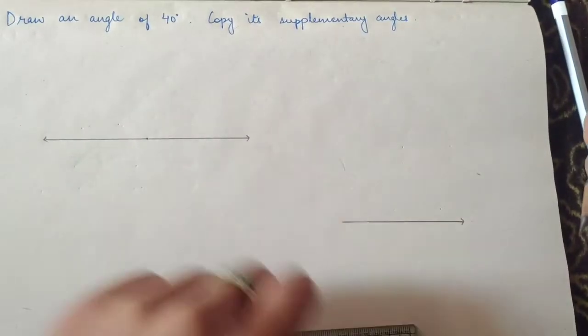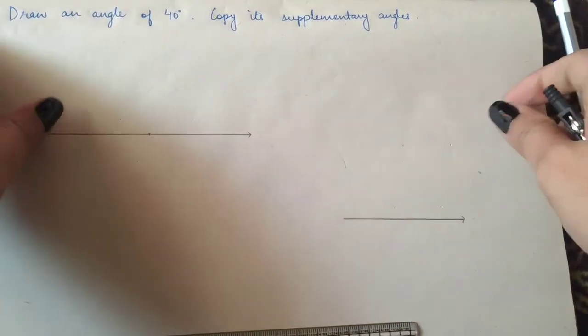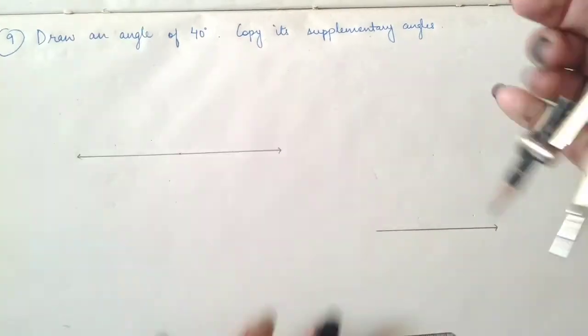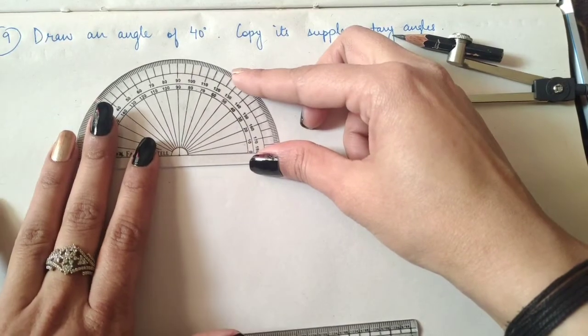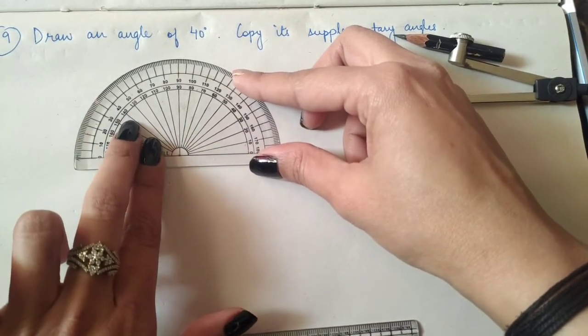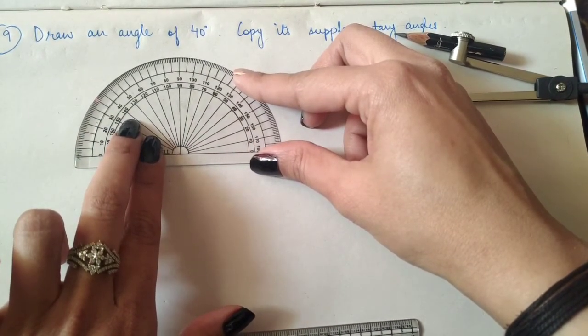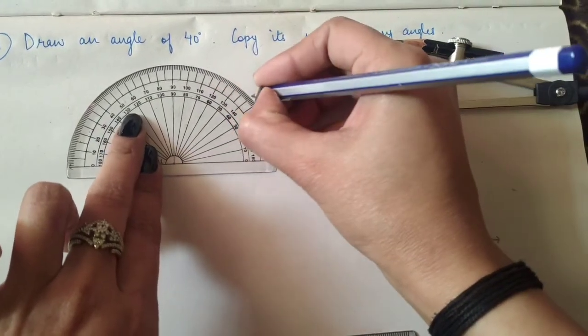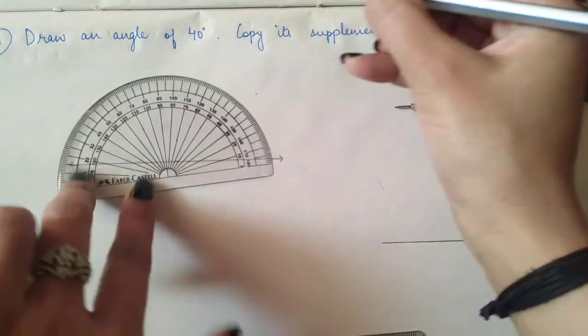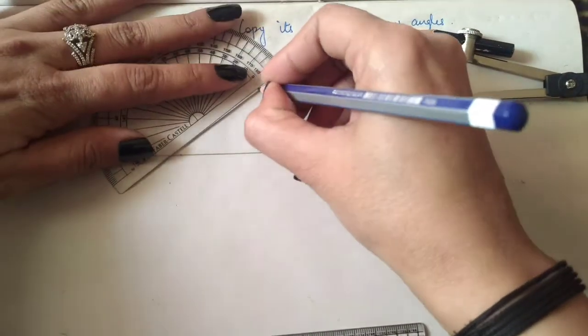Now we'll draw 140 degrees. For that we first have to draw 40 degrees, and only then will we be able to draw its supplementary angle, which is 140. I will look for the inner scale. So that's how we got this.